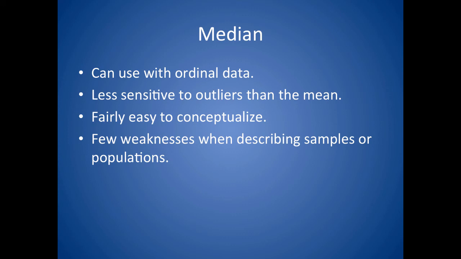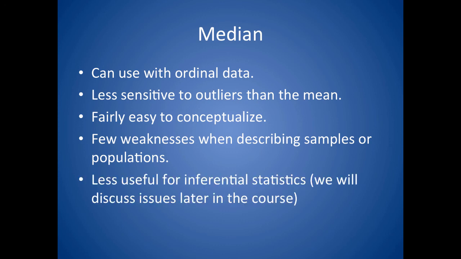That is, sample medians are not as useful in terms of thinking about what population medians would be as compared to means. And there's some other issues that are going to come up with measures of variability and thinking inferentially where the mean is very helpful. But if you just want to describe a data set, a lot of us are very happy seeing a median.